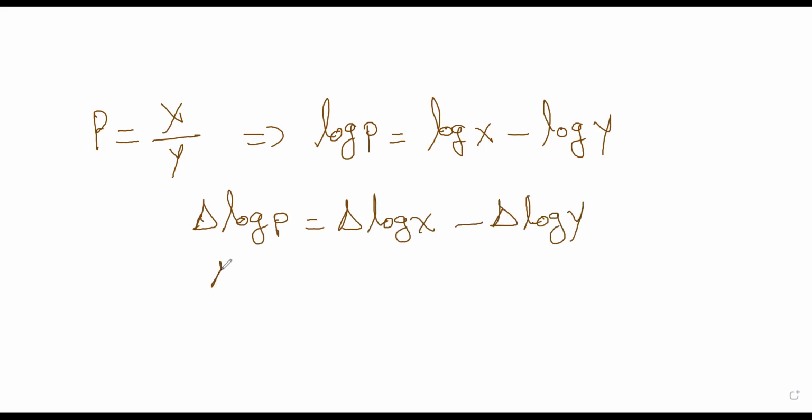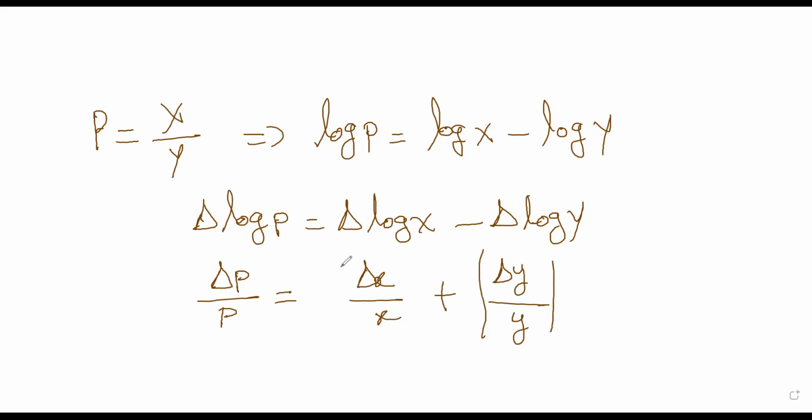So when I take the differential, that becomes delta p by p is equal to delta x by x minus delta y by y. But as I told you, errors are always additive, so we take the plus sign and take the modulus here. This will give us the maximum possible error. So this is the technique I want to tell you.